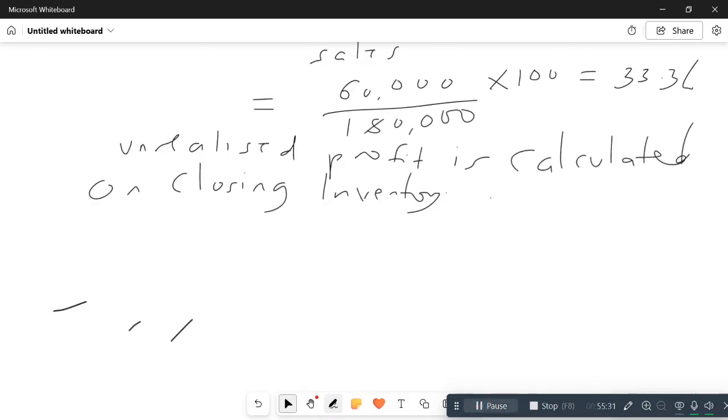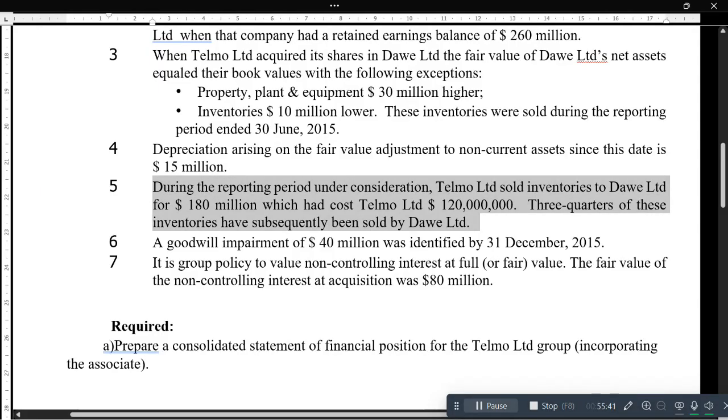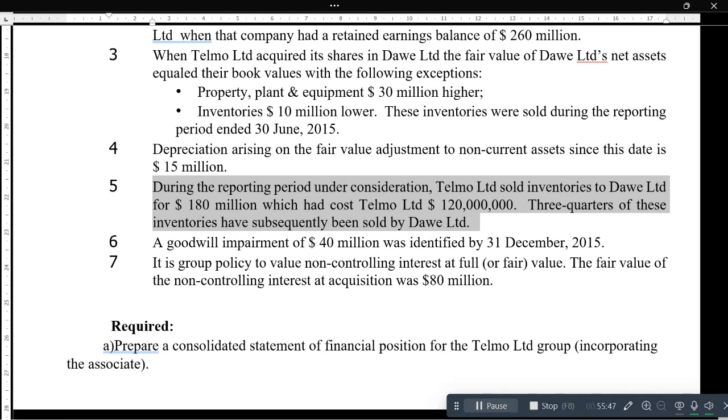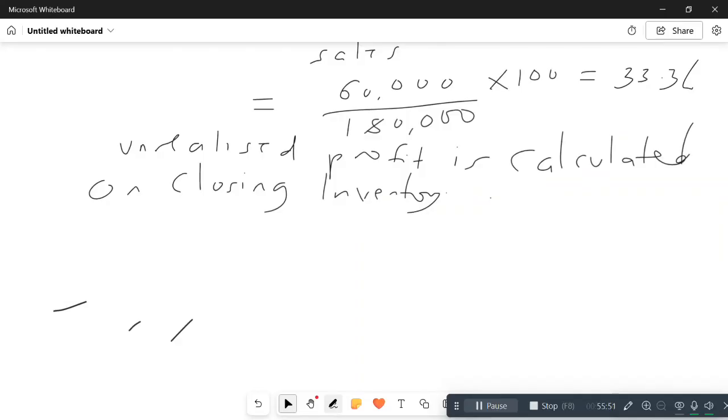If unrealized profit is calculated on closing inventory, it means we need to determine the closing inventory. Don't forget, the question says you have information that 3/4 of these inventories have subsequently been sold.